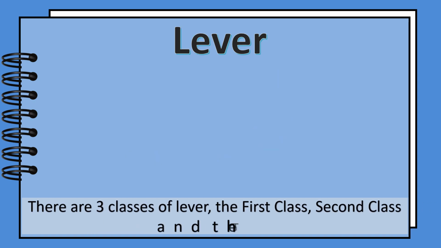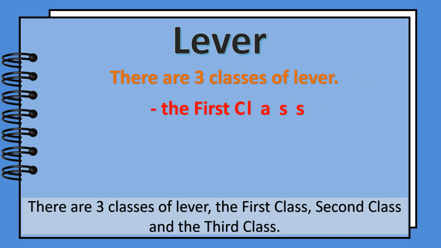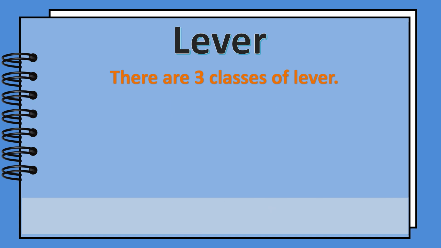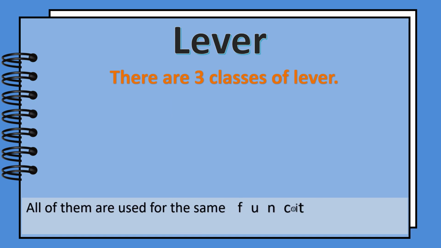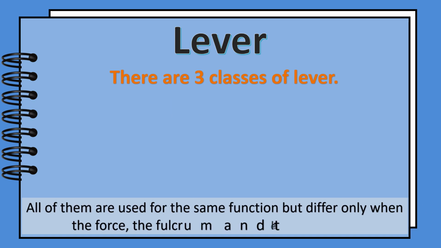There are three classes of lever: the first class, the second class, and the third class. All of them are used for the same function, but differ only in where the force, the fulcrum, and the object are placed.